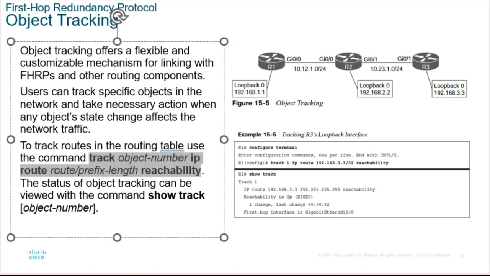Then reachability is the object element's particular status. So for ip route, we want to check whether that particular network is reachable. We can verify this command by using show track with the object number, or if you want to view all of the object tracking, you can just use the show track command.